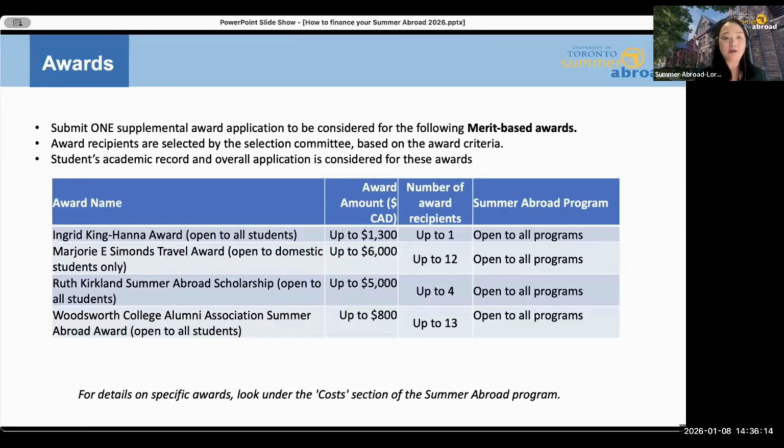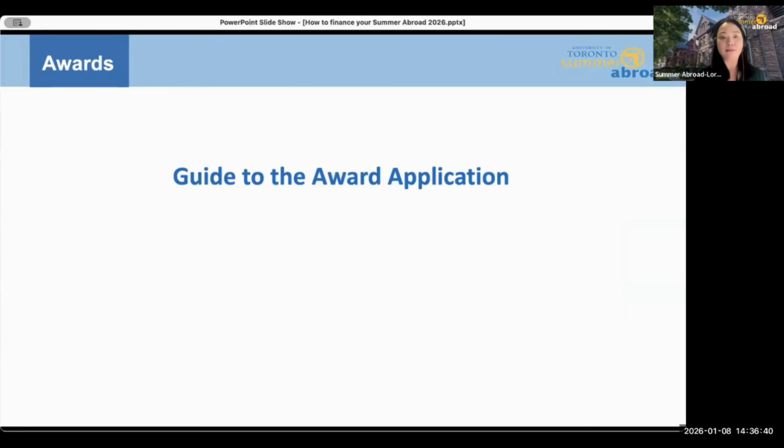We just have 4 awards, and the number of recipients is a little bit smaller, so they tend to be a bit more competitive. But of course, we invite applications, and we really encourage you to highlight what accomplishments and what aspects of you really set you apart. We would really value you providing that information in your merit-based award form.